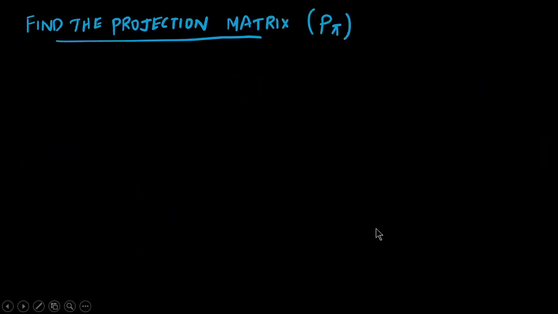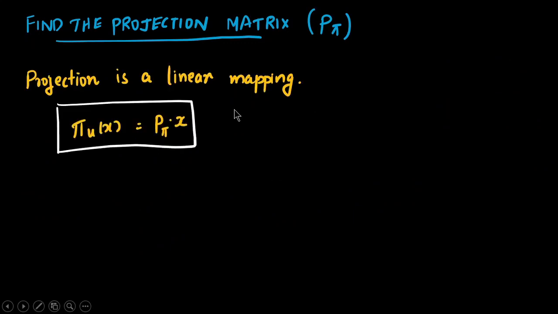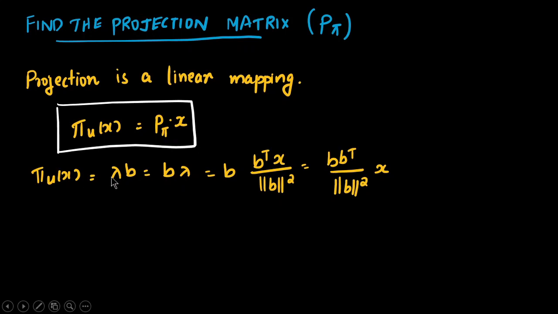Now find the projection matrix P pi. The projection is a linear mapping. Pi u of x can be written as P pi of x. We got pi u of x like this, b times b transpose x divided by b square. So we combine b and b transpose divided by b square, times x. So pi u of x is P pi times x.